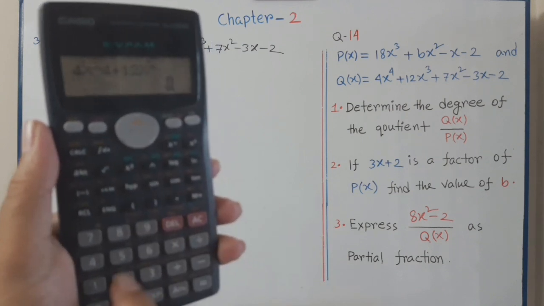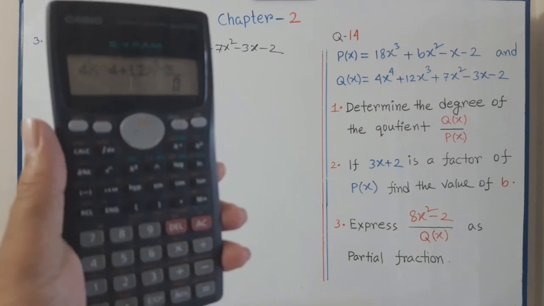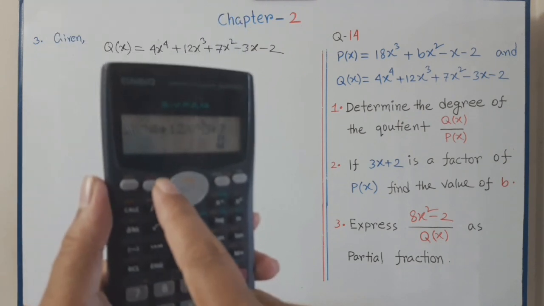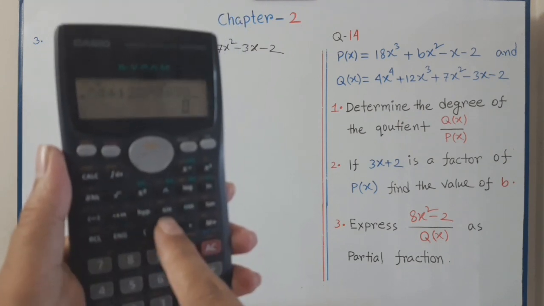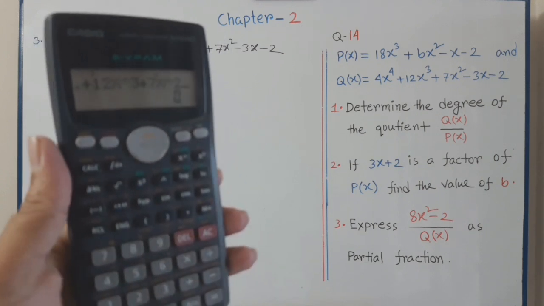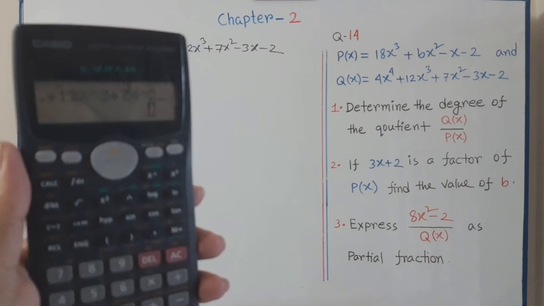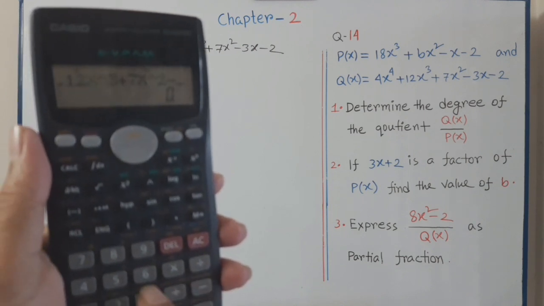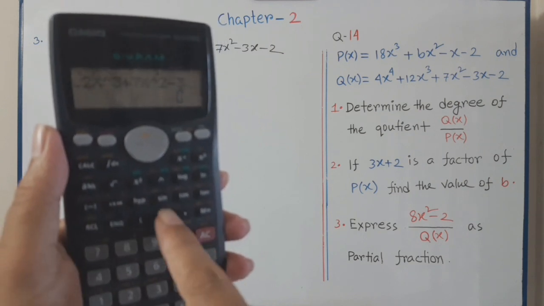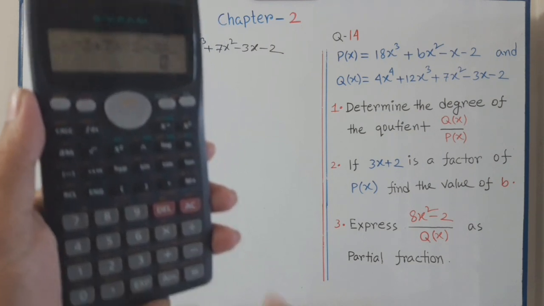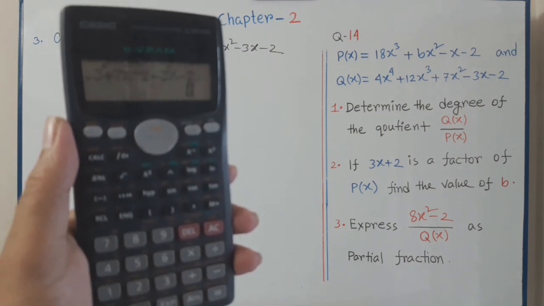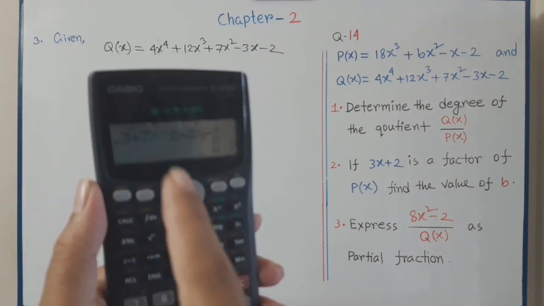So here use the cube key, and then plus 7x square. So plus 7, alpha x and then square, and then minus 3x. So minus 3 and then press the key alpha and then x, x is here. So minus 3x and then minus 2. Okay. So this is the polynomial q of x.